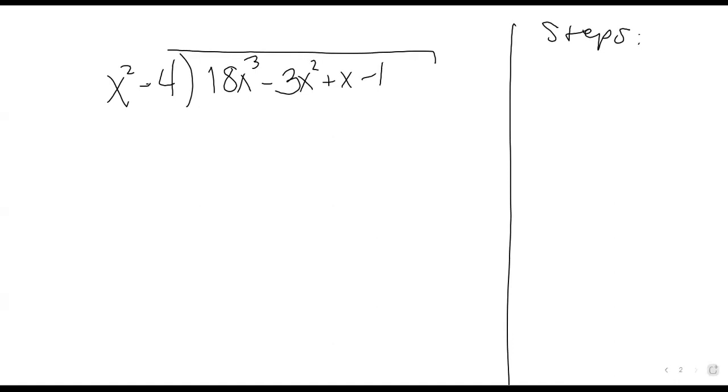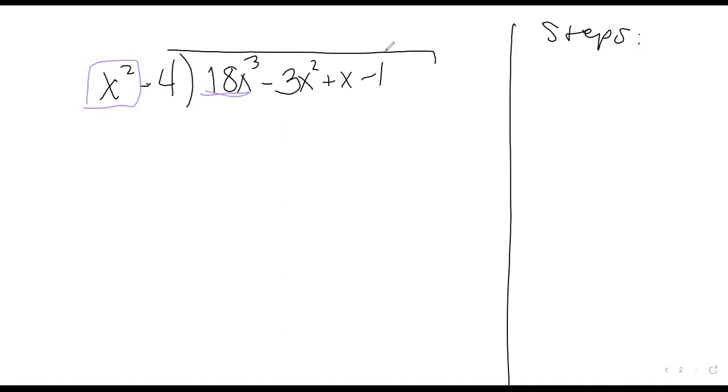So the first thing, remember that I need to match this outside number. Oh, that's not what I wanted. This x squared that I just erased needs to match this first term.